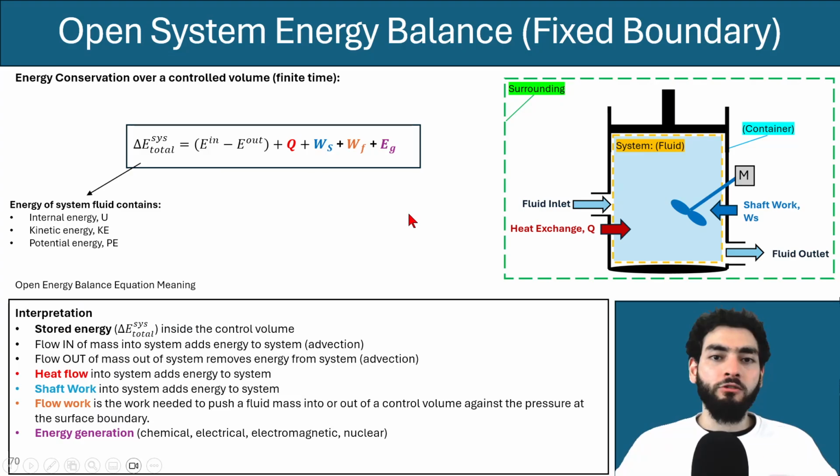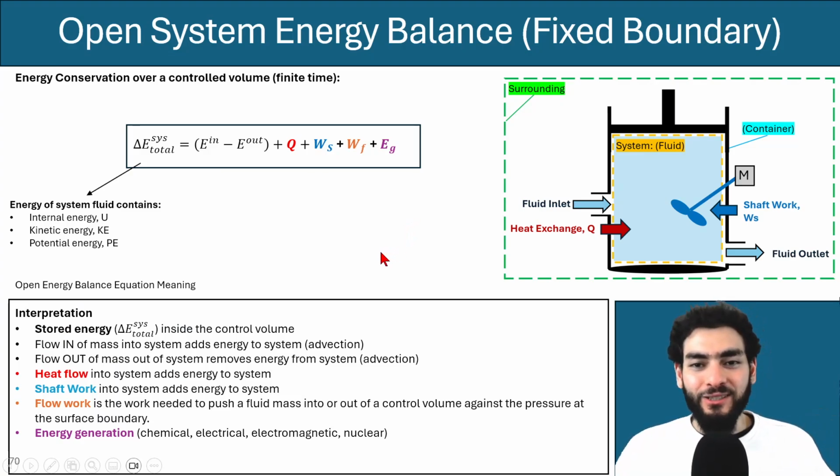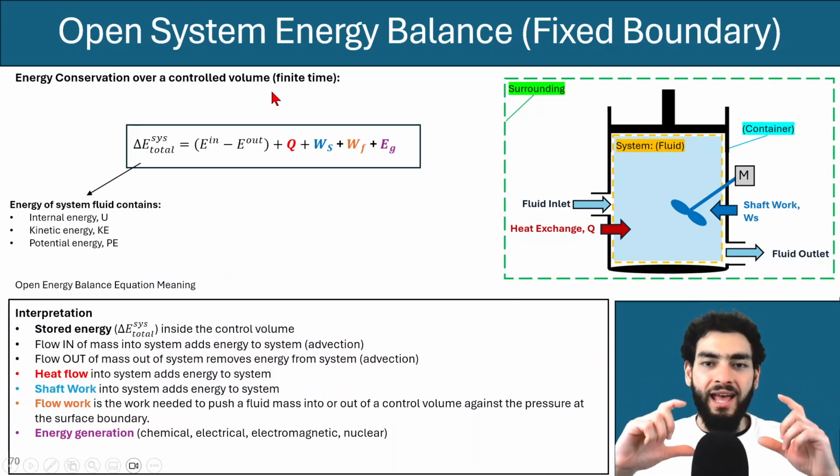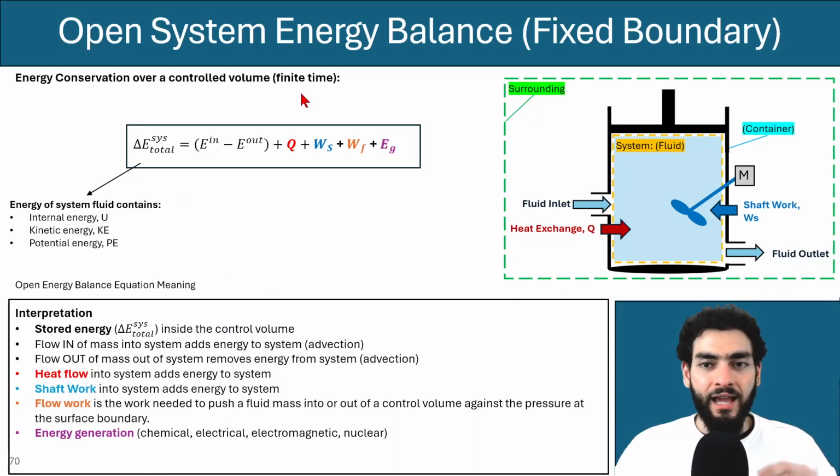Now let's look at what the energy balance looks like over a time interval. Let's say a finite time, whether it's 1 hour or 2 hours, it doesn't really matter. At the end, you want to look at the change in the total energy of the system.